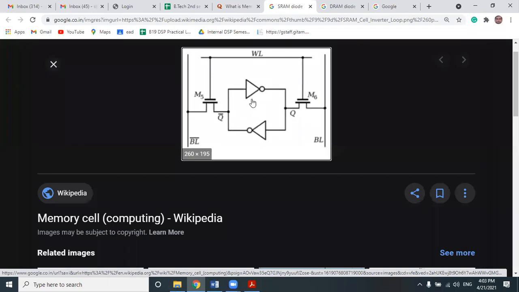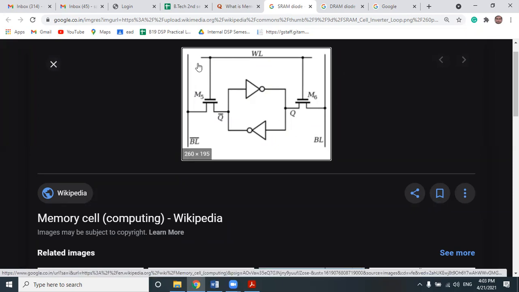These are the cross coupled circuit of the diodes. Okay, and these two are the transistors. All of you already have the idea of diode and transistor, because you already have knowledge of electronics and electrical in the first semester. Okay, so these two are the transistors, and the base of these two transistors is connected with the word line, and their emitter is connected with the bit line.